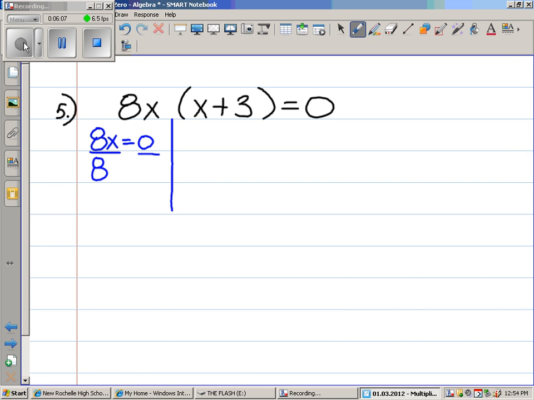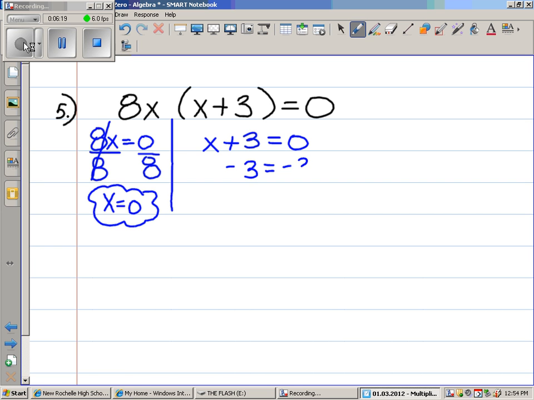Divide both sides by 8. You get x equals 0. That's one of our answers. Let's do the other one. Subtract 3 from both sides. x equals -3. That's our answer.